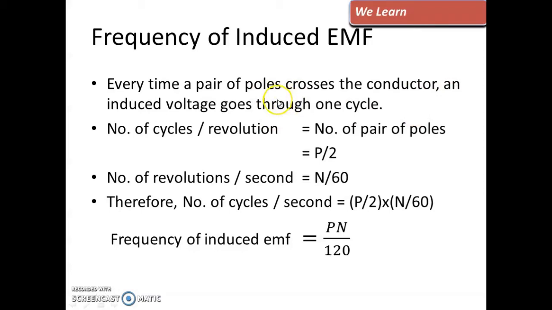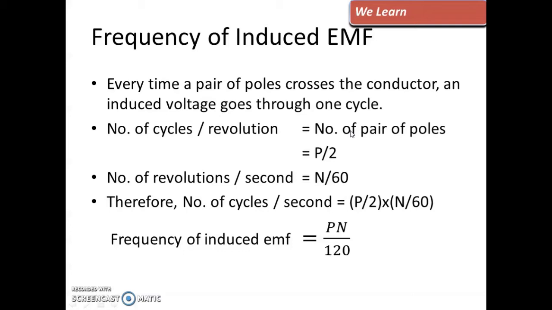So when a conductor crosses one pair of poles, or one pair of poles crosses one conductor, one cycle of EMF gets induced. And the number of cycles per revolution depends upon the number of pairs of poles. In the previous slide we saw the example of a two pole machine, so for one rotation we had one cycle.